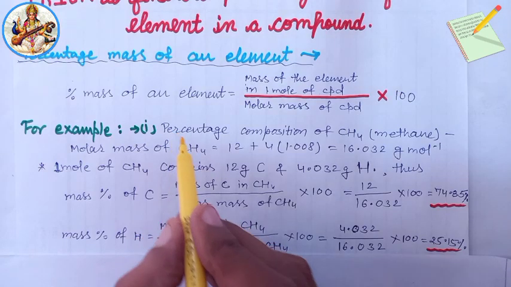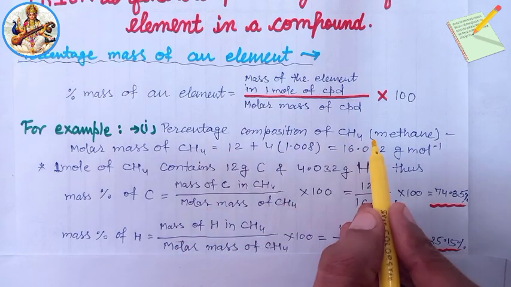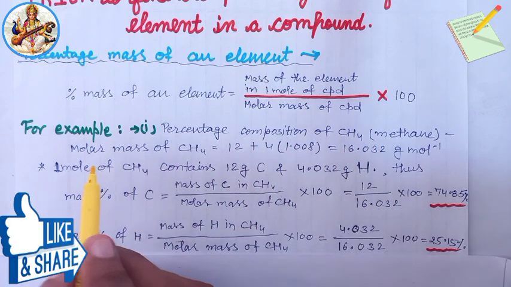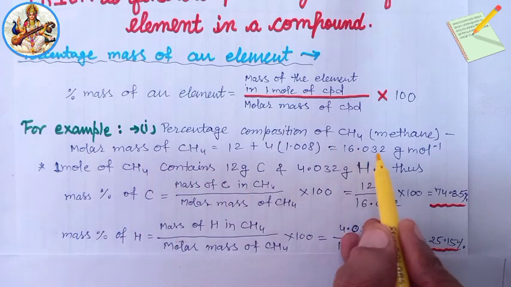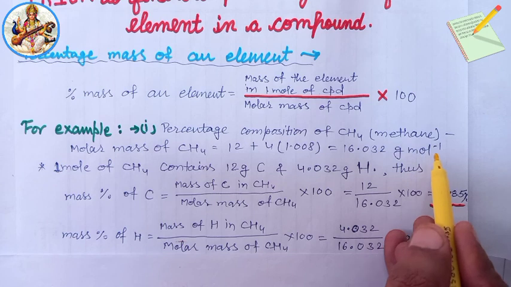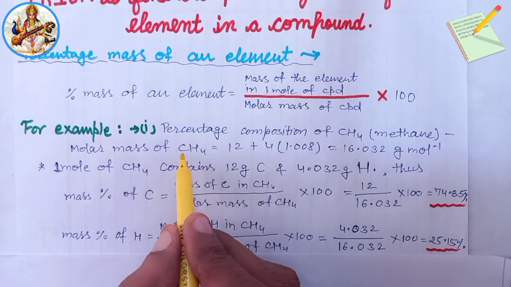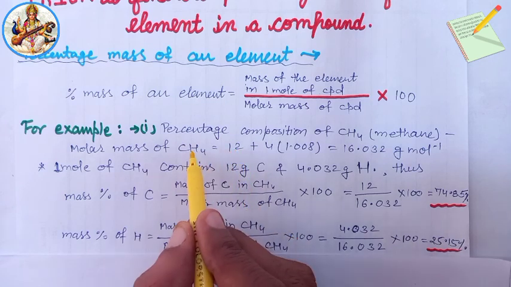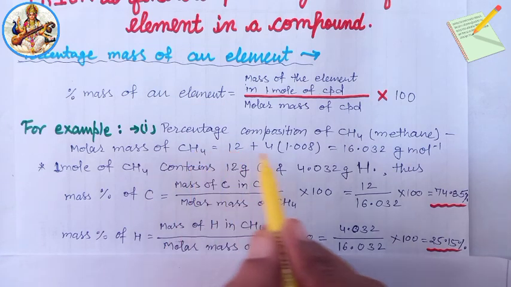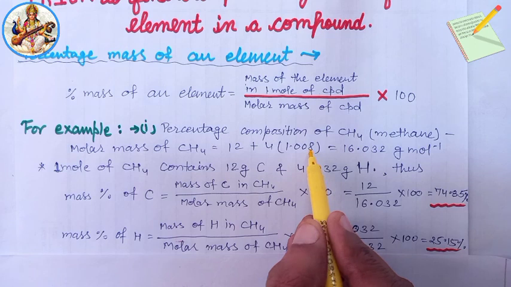For example, percentage composition of methane. We know that the atomic mass of carbon is 12 and the atomic mass of hydrogen is 1.008.